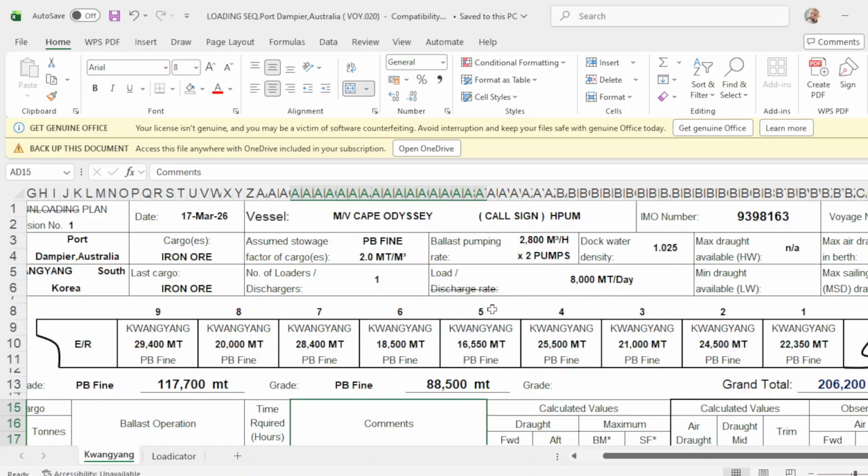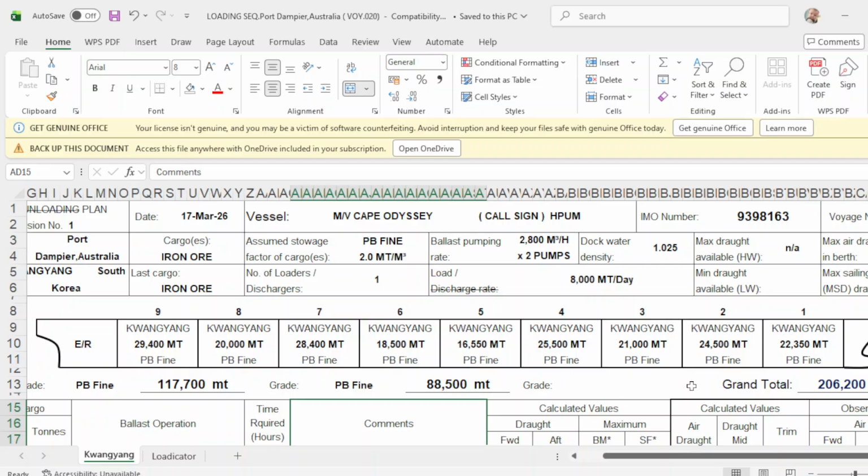Take note of number 5, it has less cargo of 16,550 because of the bending moments, stress bending moments. And number 6 is 18,500, number 7 is 28,400, and number 8 is 20,400. Number 9 is 29,400.